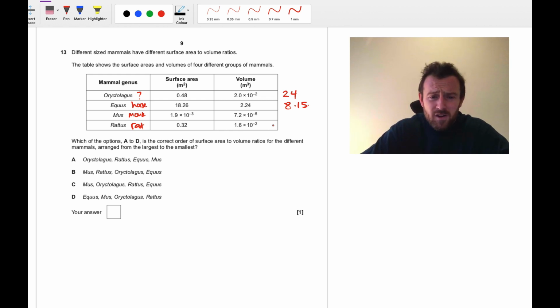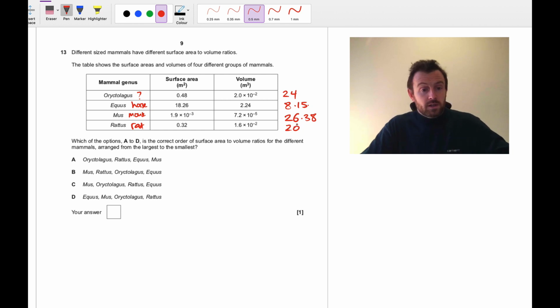I'm just trying to do standard form in my head and divide it by, oh my gosh, 7.2 times 10 to the minus 5. That equals, that's a 26-ish. This is a lot of work for 1 mark, isn't it? And the last one is 0.32 divided by 0.016, 20.